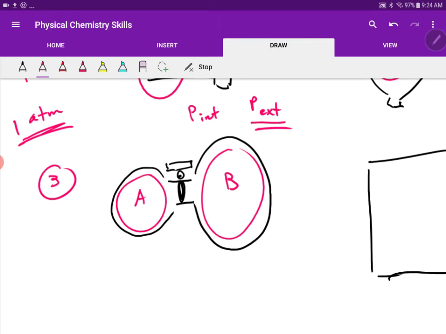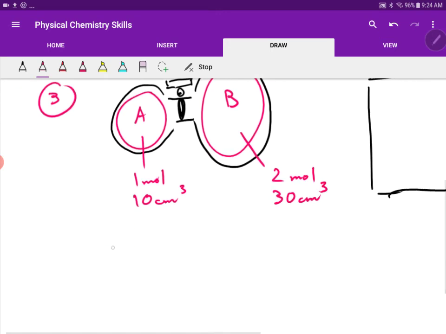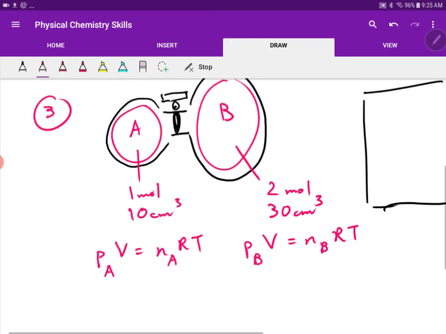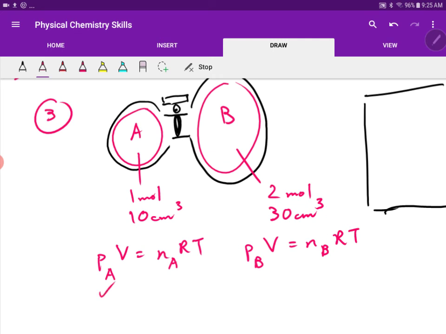Let's say I have 1 mole of A at the start and I have 2 moles of B at the start. This is a 10 cm cube container, this is a 30 cm cube container. If we look at the partial pressure of A, PV is equal to the number of moles of A times RT, and we take PBV, so nB times RT, and we will be able to calculate the partial pressures of A and B, and to find the total pressure, we just have to add them together.